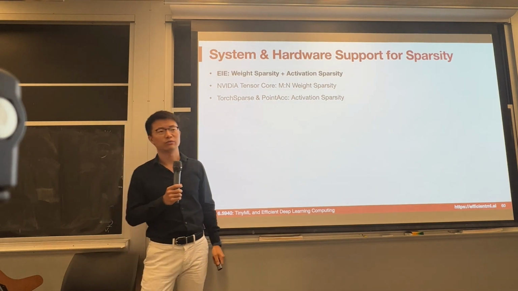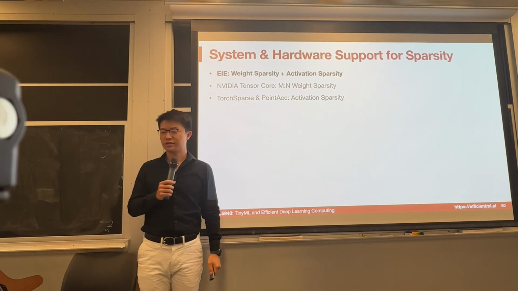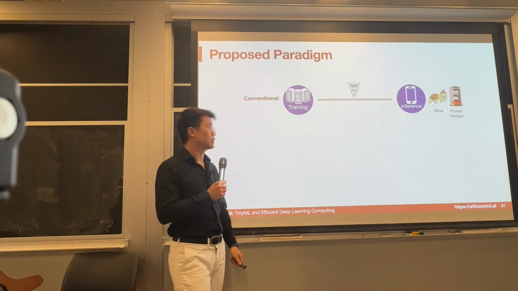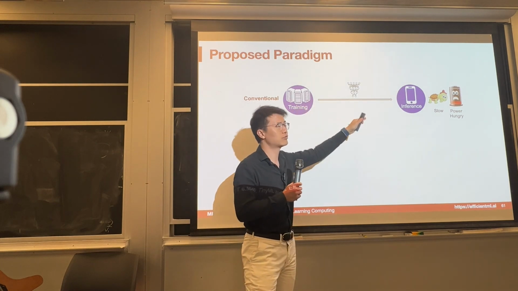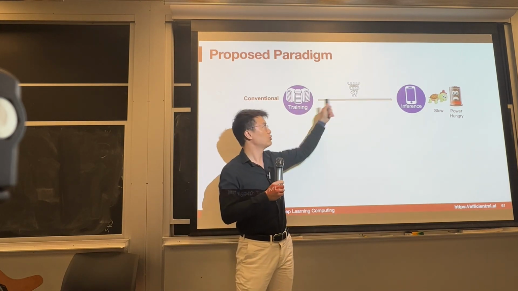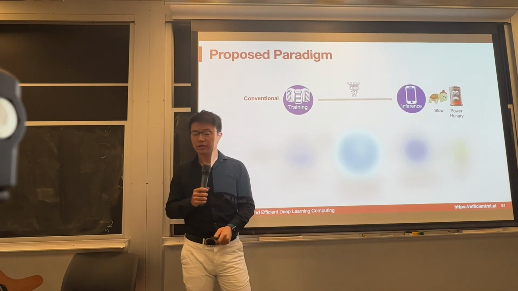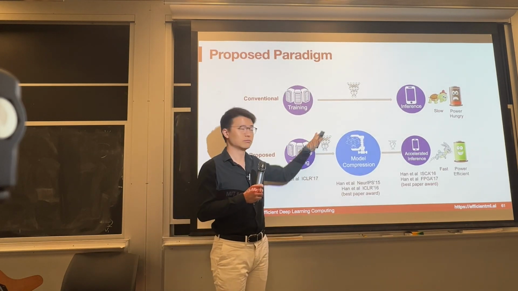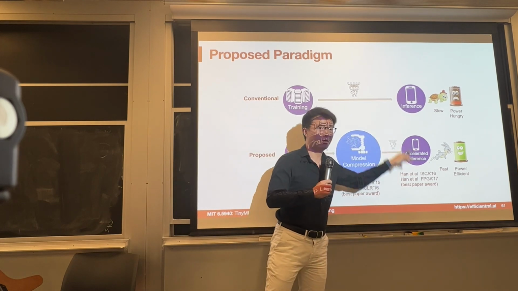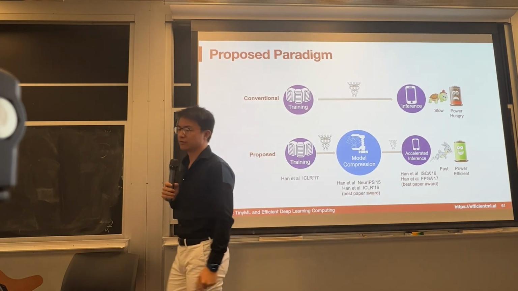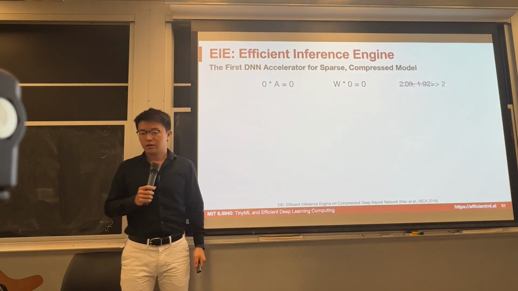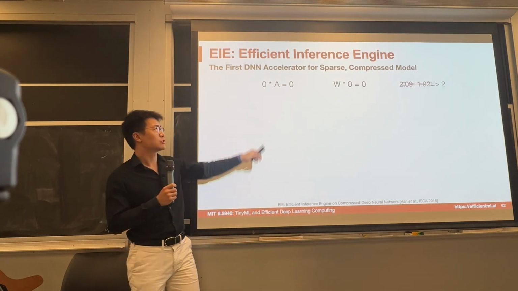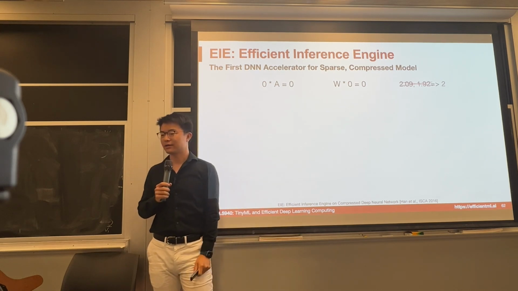Let's start with the weight sparsity and activation sparsity to give a full picture. Rather than directly running inference on the model that was trained, we want to first compress the model, make a large model small and sparse, and then we run inference. The simple knowledge is just that 0 multiplied by anything is 0.